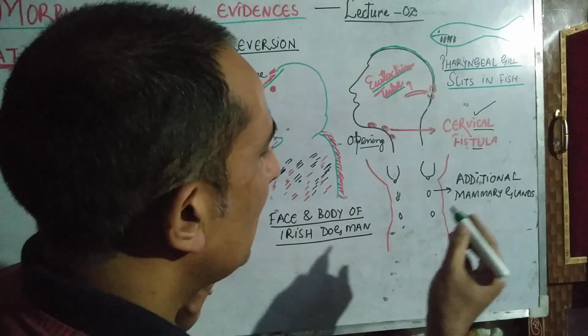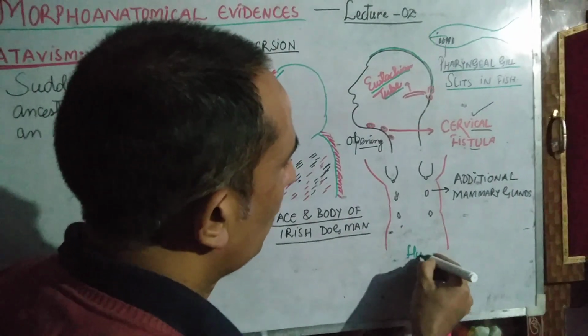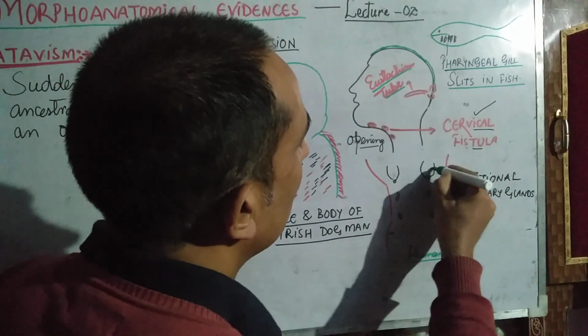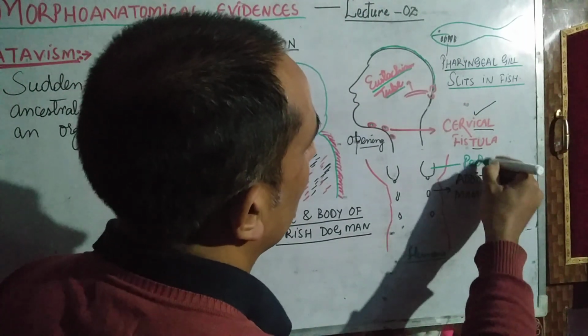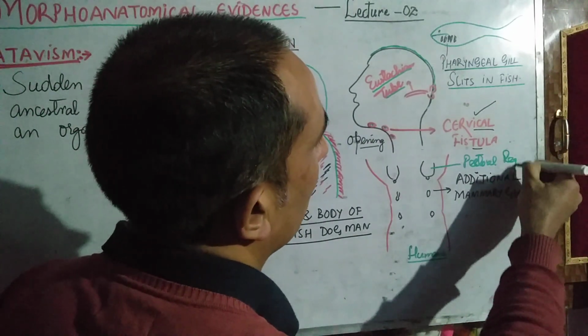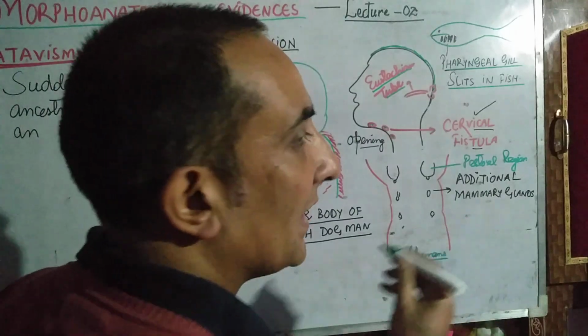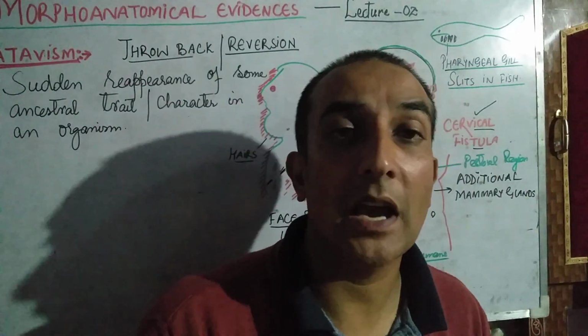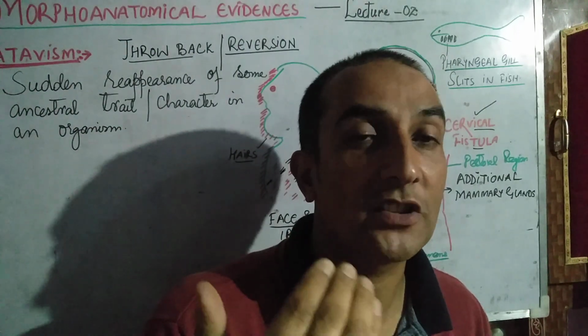Another example is, in case of humans, if you see, humans have a pair of mammary glands over here in the pectoral region. They are present in humans, both in males as well as females, although they are vestigial in males, but they are present.